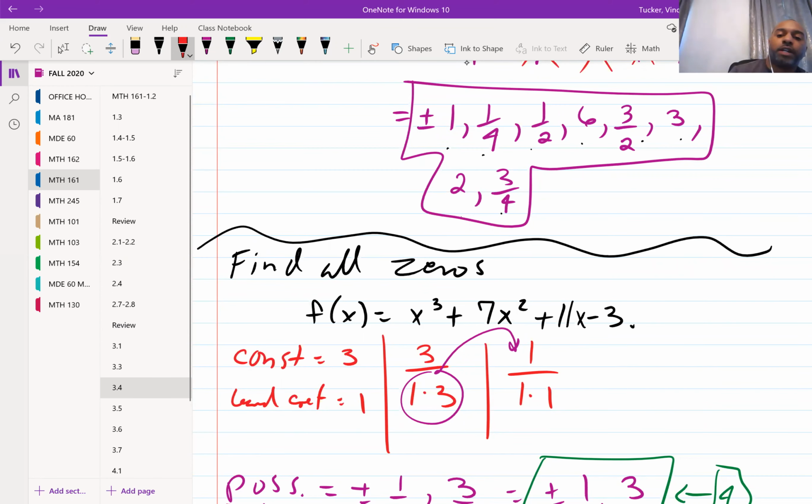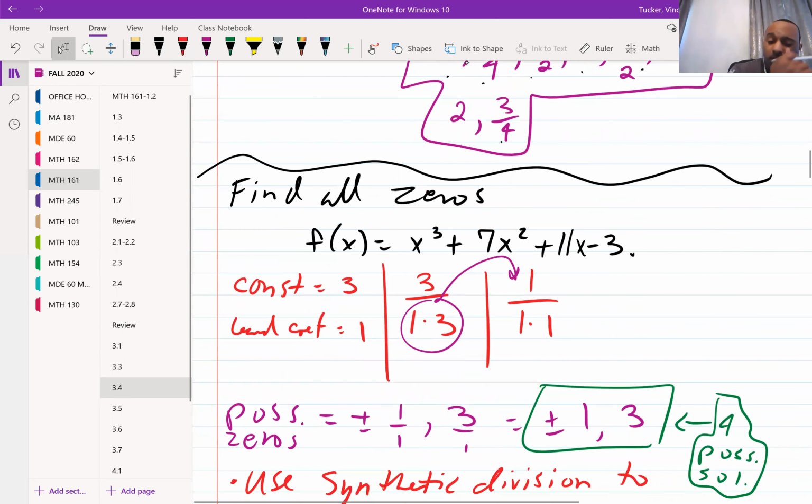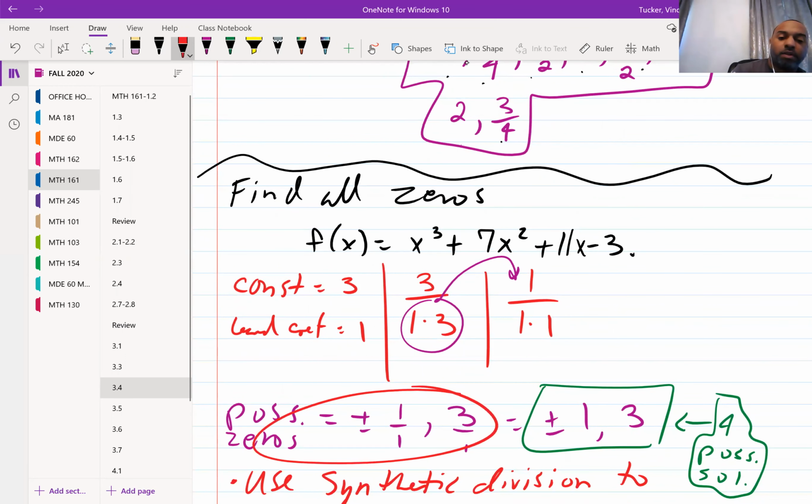All right, so we take our factors of 3, place it over our factors of 1. So that's what I did right here in the purple. Found my possible solutions. So I took 1, placed over 1, and then 3, placed over 1.